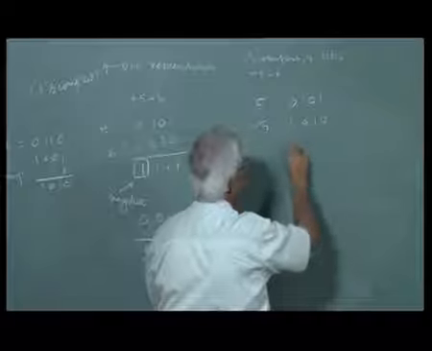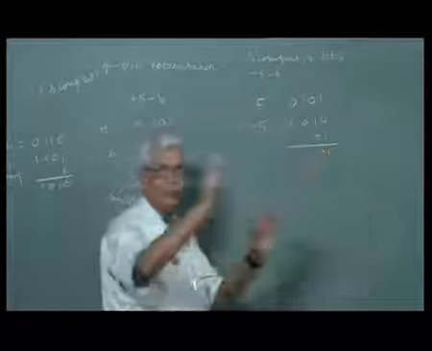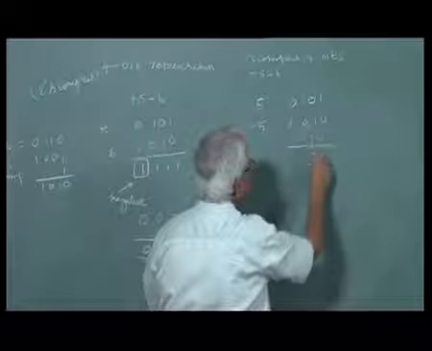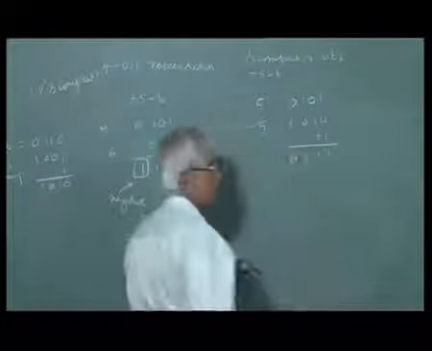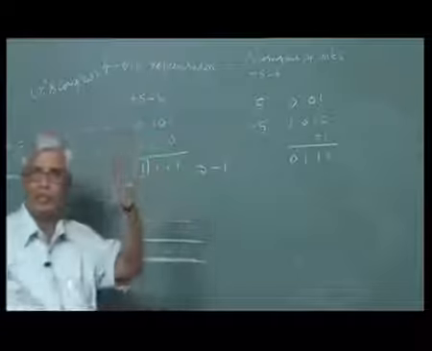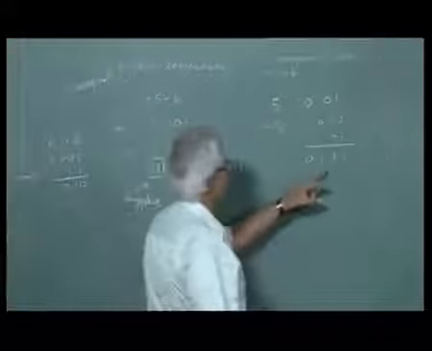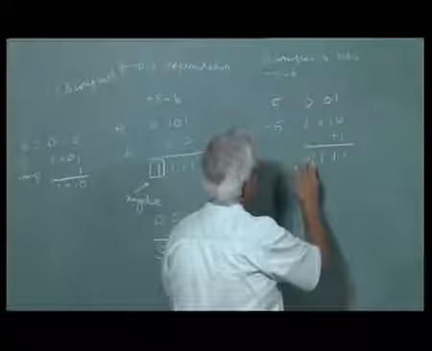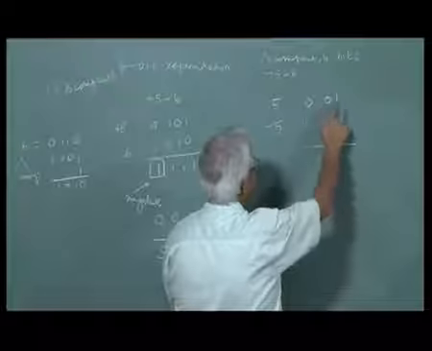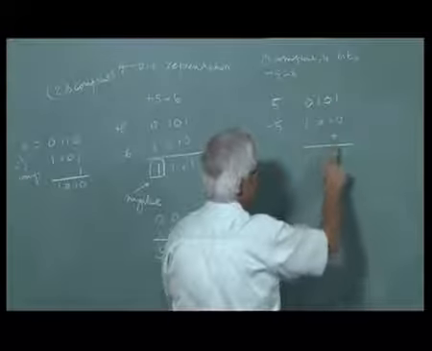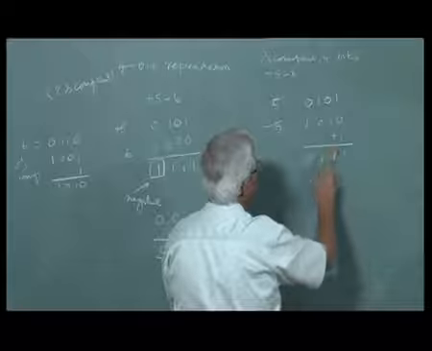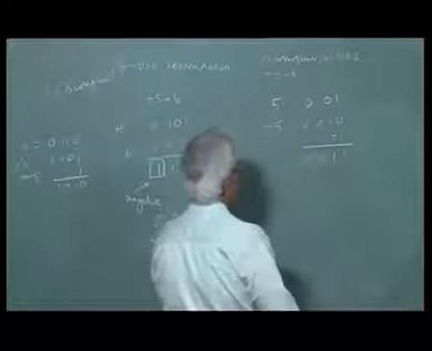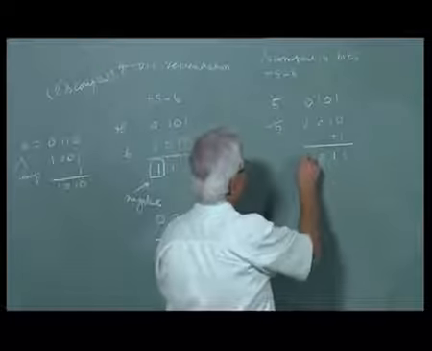Add 1, and you get 1, 0, 1, 1. I have to put this negative sign here. Minus 5 is 0, 1, 0, 1, inverted is 1, 0, 1, 0. Add 1, and it is 1, 0, 1, 1, and this 1 will be there as the negative sign.